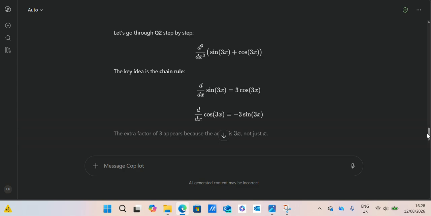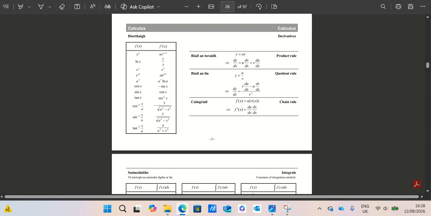Okay. QID is chain rule. Okay. Chain rule. Yeah, complete gibberish to me. Complete gibberish. You know, I hate how they write these. I get so confused. Okay. Fx equals u vx.